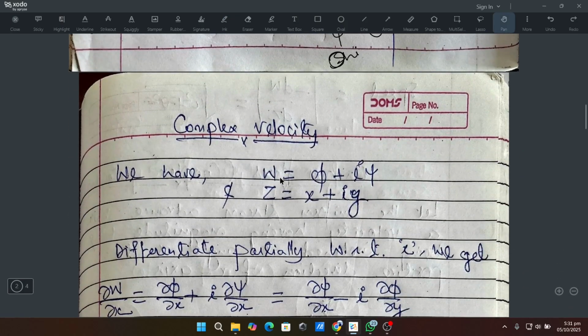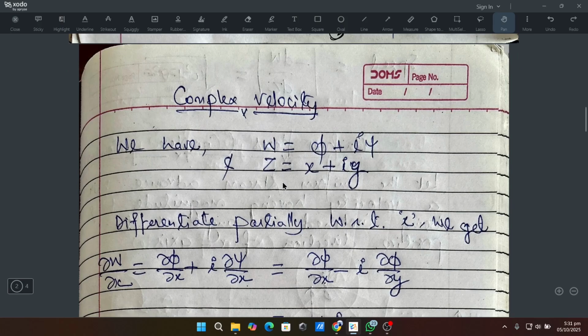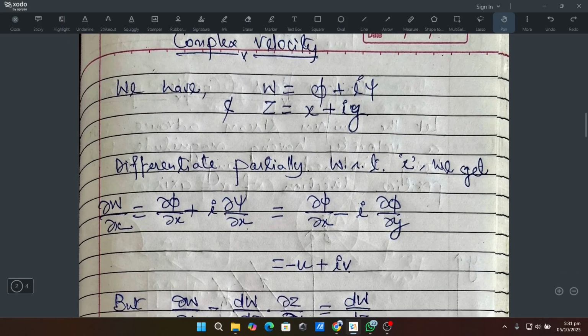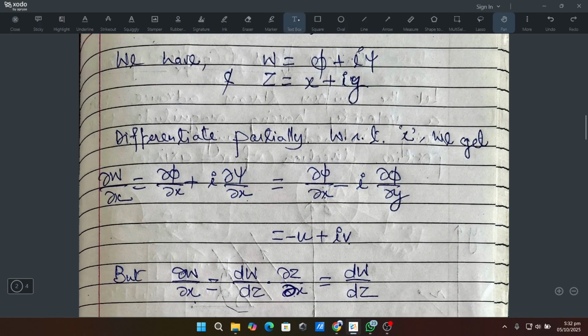Okay, what is complex velocity? We already have w equal to phi plus i psi and z equal to x plus iy. So from here, if we differentiate it partially with respect to x, what are we getting? Let's differentiate this w with respect to x. We get d phi dx plus i d psi dx, right?